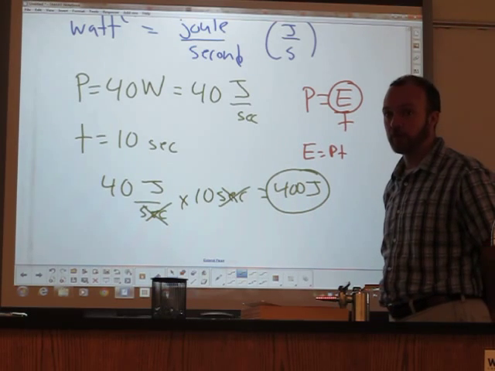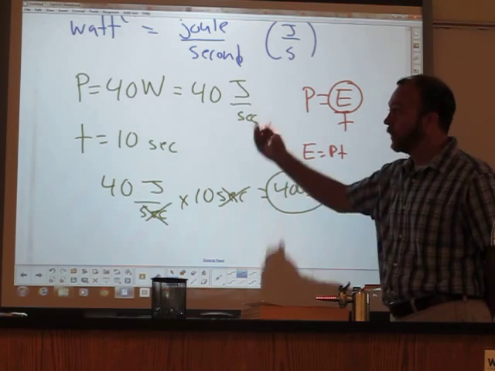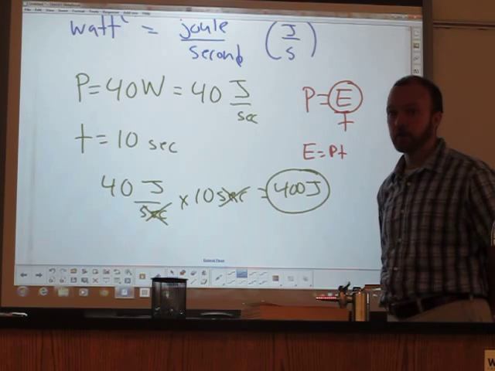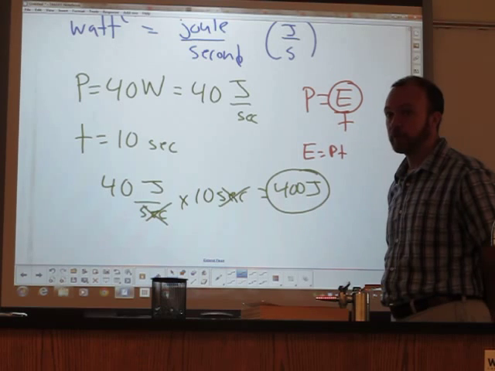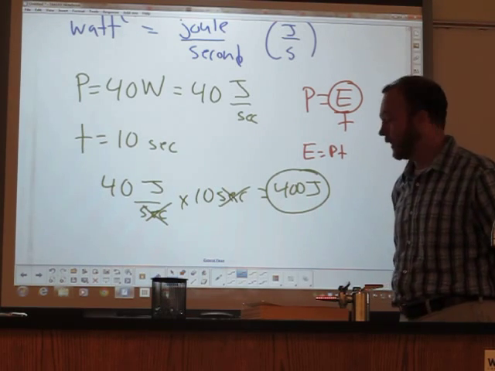Let me give you one other example, make it slightly more complicated. We're going to stick with our 40-watt bulb, but now instead of leaving the bulb on for only 10 seconds, we're going to leave it on for 30 minutes. So I'm going to have a 40-watt bulb burning for 30 minutes, and my question is the same. How much energy is used in that time?